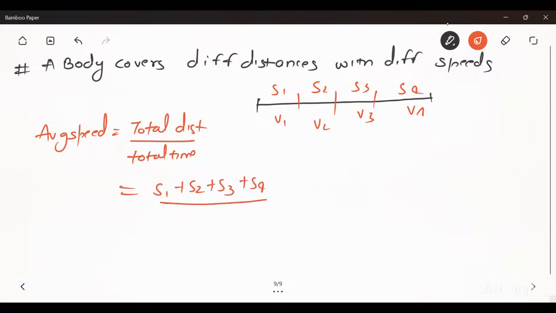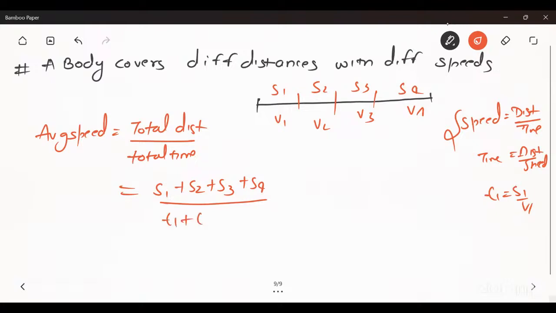And what is the total time? We know that speed is equal to distance upon time, so time is equal to distance upon speed. T1 is equal to S1 upon V1. We need T1 plus T2 plus T3 plus T4, but they are not given.